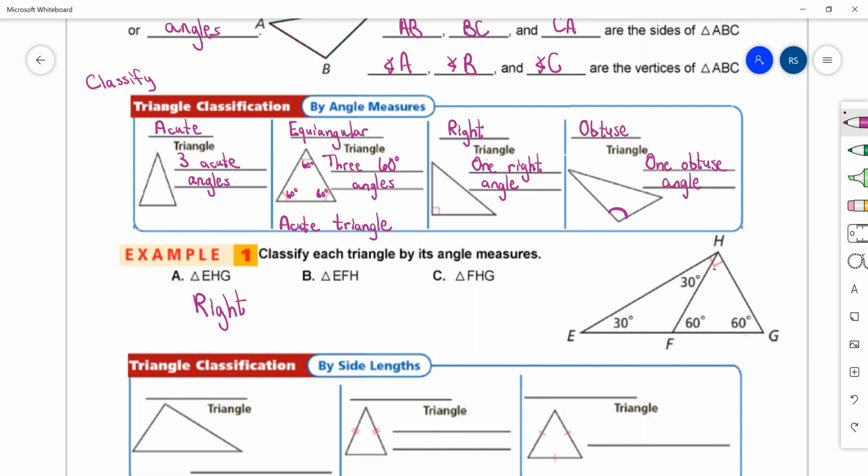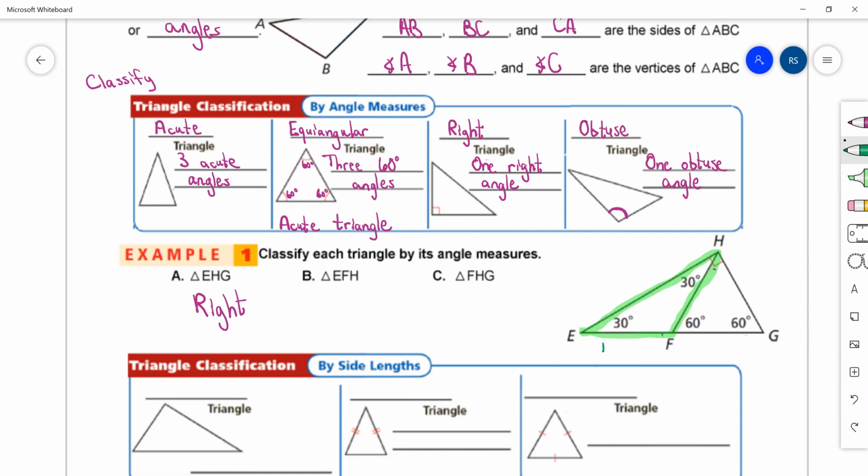So we got the next one. The next one they ask us to look at is EFH. It's going to be that one. Now, this angle right here is 60. What does a whole line have to equal? 180.